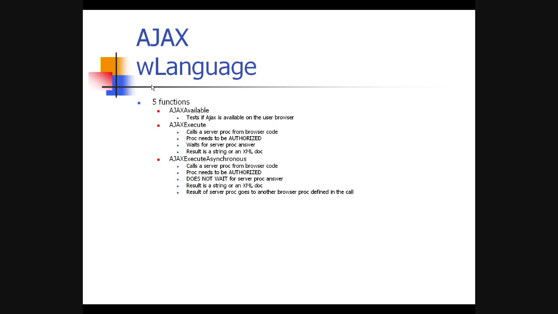The result of the server procedure is going to go to another browser procedure that is defined in the call. So when you are doing an Ajax Execute asynchronous, you are saying, okay, I want to call that procedure, and when the answer arrives, I want it to go to this local browser procedure.